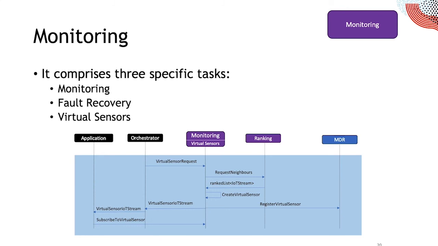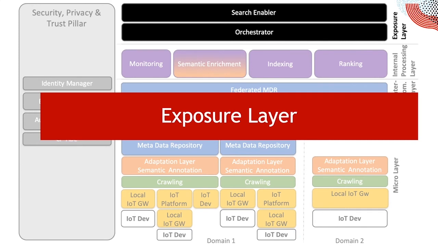requested region. The exposure layer is the one located at the top of our architecture and represents the Northbound API for external services. It comprises both an orchestrator and a search enabler component. The former is the one responsible for handling the different queries requested by user and services and communicating them with the indexing component to obtain a ranked list of results.